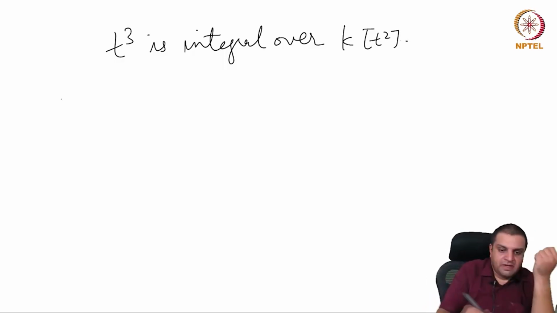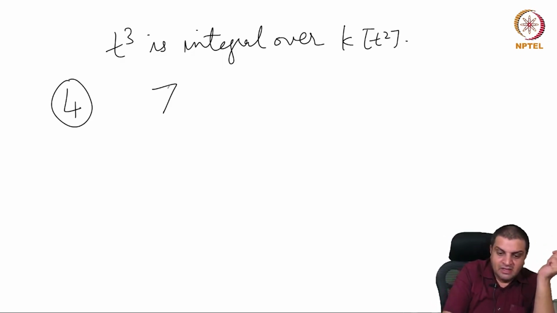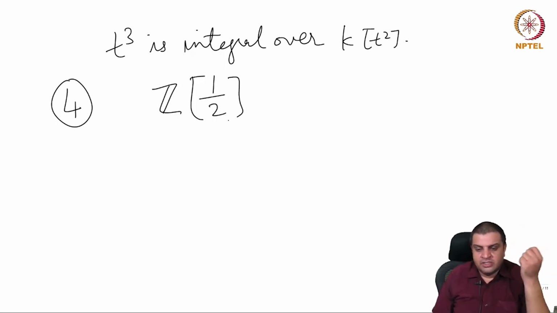And finally, a non-example. Okay, so this is an exercise. If you take Z and you invert something, let's say we just invert 2, Z adjoin half. So this is localizing.